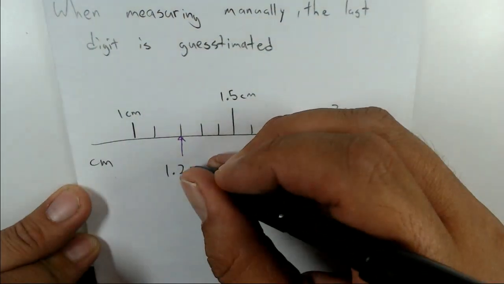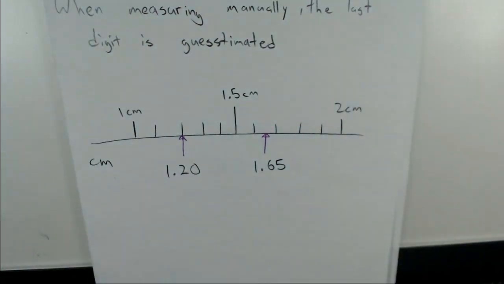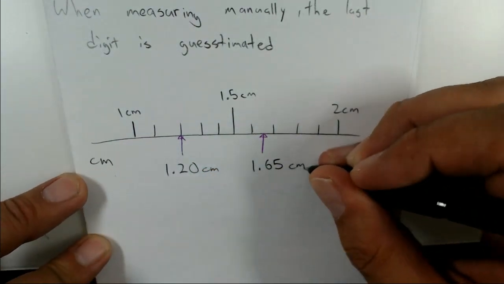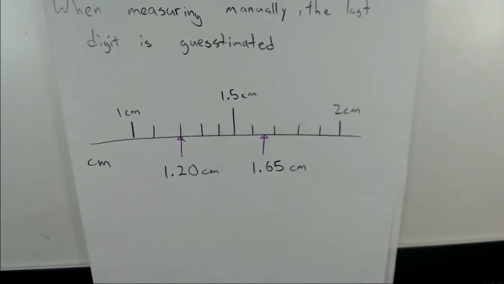And then you need to add the extra digit on there, so that you're thinking it's landing right on the line, but that's still an estimation. It might actually be a hair off one way or the other. So you have to make sure that you include that extra digit. Don't say that it's just 1.2. It is 1 extra digit. And these would be centimeters, right? Because numbers are meaningless without units.